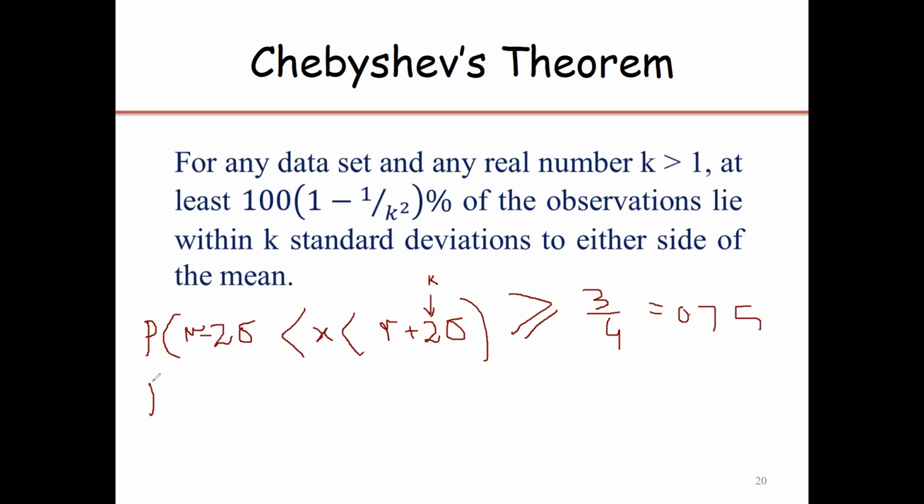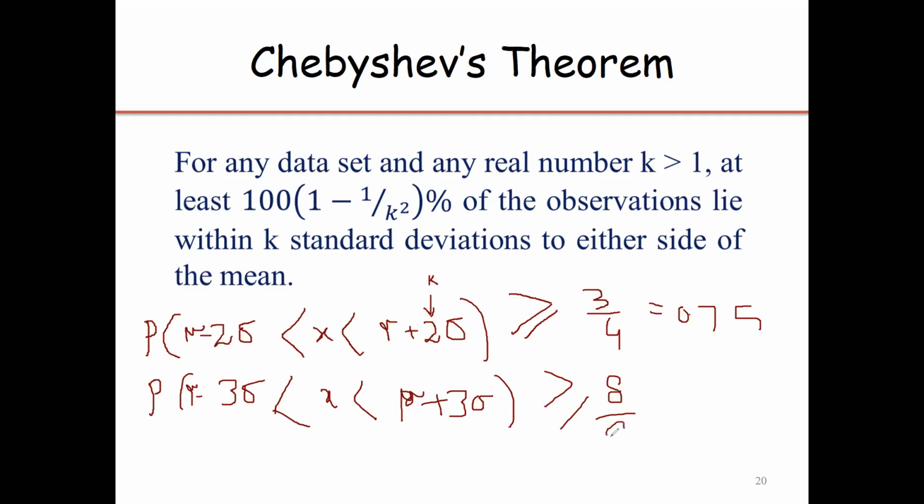If I am interested in computing the probability between mean minus 3 sigma and mean plus 3 sigma in my data, this is greater than or equal to, not exactly equal to, 1 minus 1 upon 3 square, because right now the value of k is 3. So it is 1 minus 1 upon 9, that is 8 upon 9, which in percentage is 88.9, or 0.888.